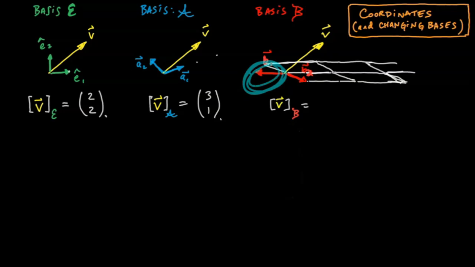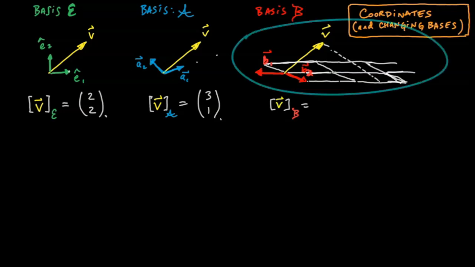This is vector b1, so it looks like we're going to have to take some negative steps in the b1 direction, and then since this is vector b2, we're going to have to take some negative steps in the b2 direction. Ultimately, we will be moving in this direction, so maybe drawing a line parallel to that direction through the tip of vector v will help us see what's going on.